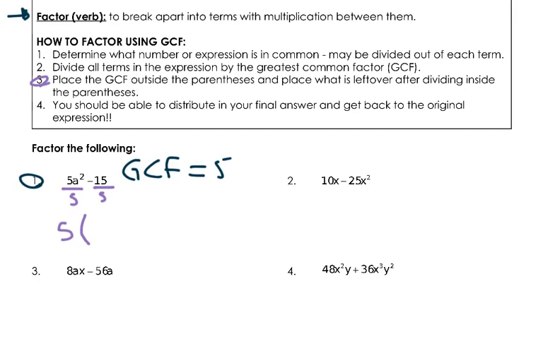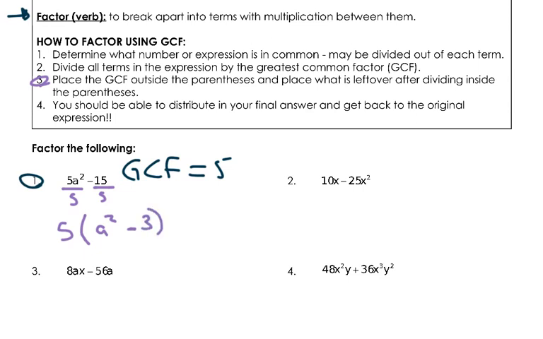So we're actually doing the reverse of the distributive property. So here, 5a squared divided by 5, well, that would just leave you with a squared. I'm going to bring down my operation, and 15 divided by 5 is 3.